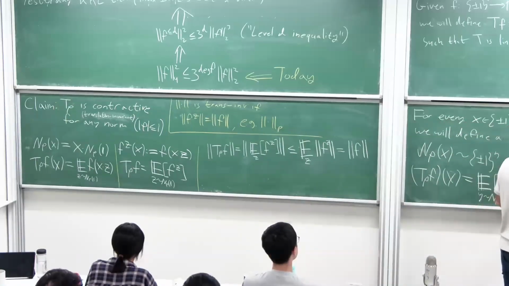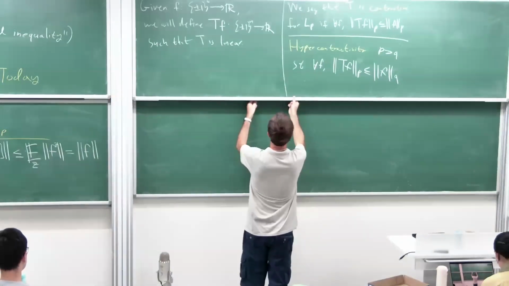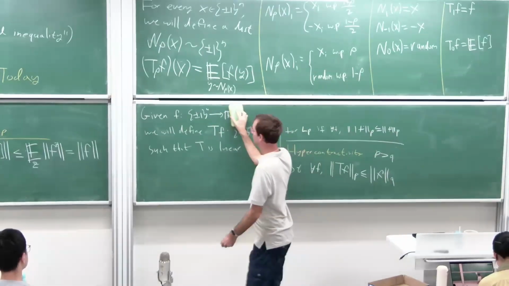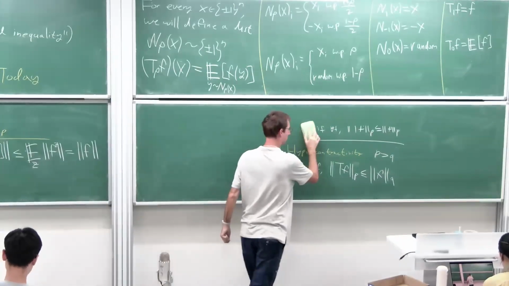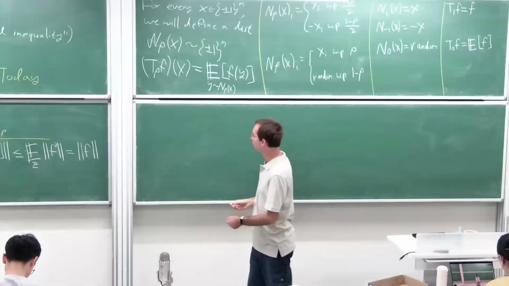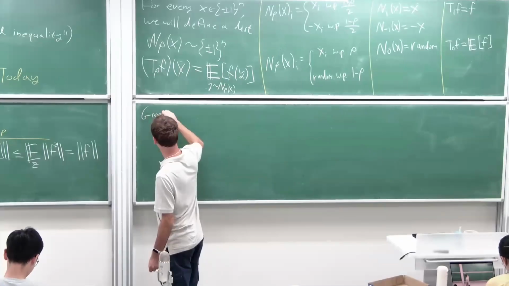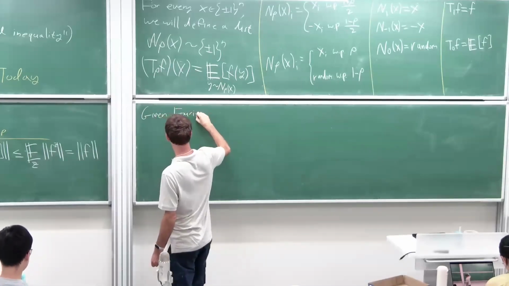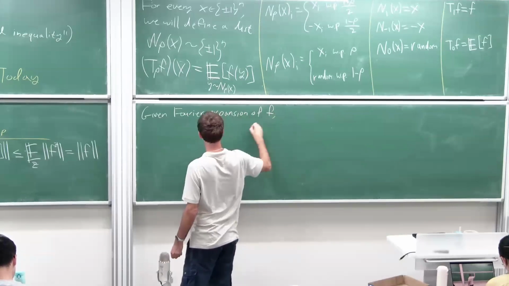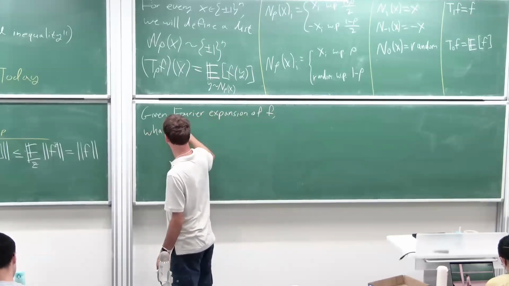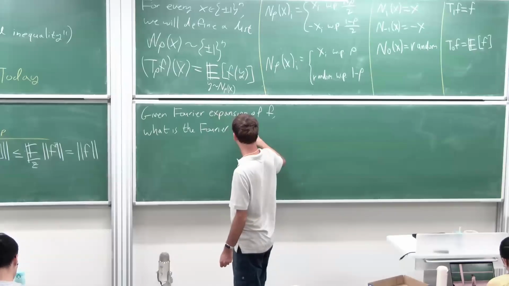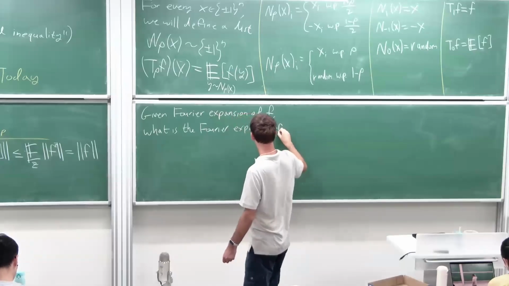So we want to know, given the Fourier expansion of f, what is the Fourier expansion of T_rho f?